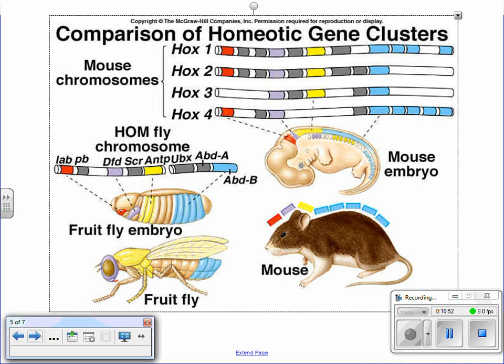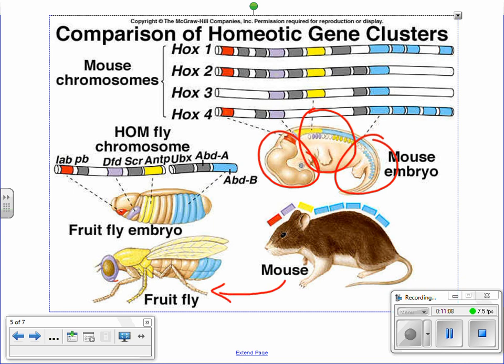So Hox genes are really responsible for telling the body where the head goes, where the tail goes, where the midsection of the body is, and all of those genes are present in almost every organism. Okay, and you can see, comparing the mouse and the fruit fly here, they have roughly the same set of Hox genes, and they have almost the same type of body plan, where you have the head at the front and the tail or abdomen at the back.